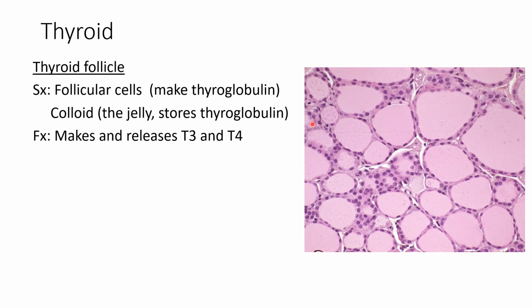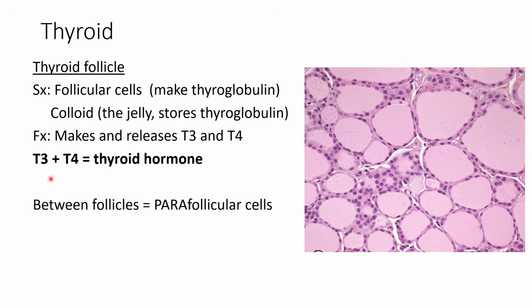And the function of this is that the whole structure is going to make, store, and release T3 and T4. When we say thyroid hormone, we're referring to T3 and T4. All right, so also between the follicles, the cells between the follicles are called parafollicular cells.